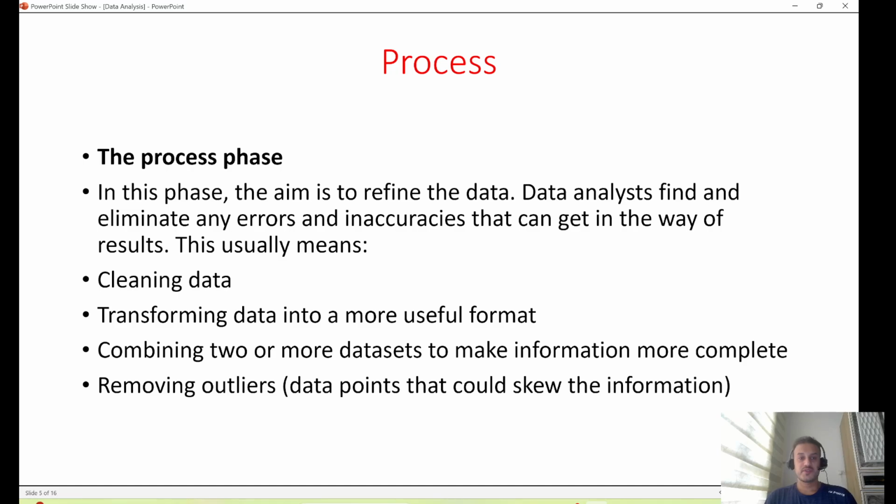The process phase is where you clean the data. After you collect the data, now you start the process of cleaning. Clean the data, merge separate sheets into one sheet, and also combine two or more data sets to make information more complete. Remove outliers. Check if you have misspellings or duplicates in the data.